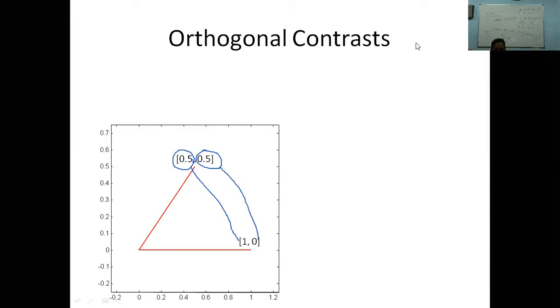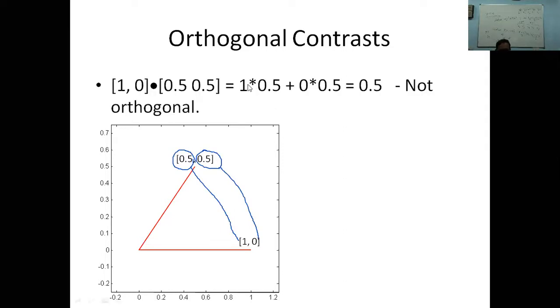If you multiply 0.5 with 0 and 0.5 with 1, add it up, right? So here in the same way we can say 1 multiplied by 0.5, then 0 multiplied by 0.5. You add these two values.